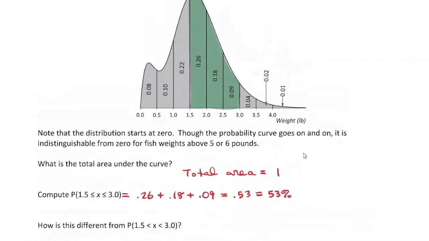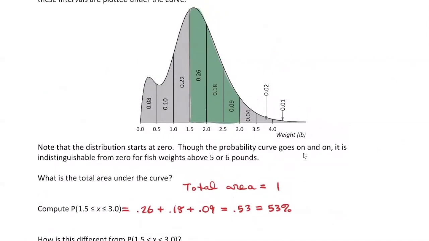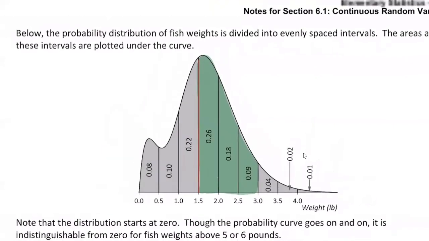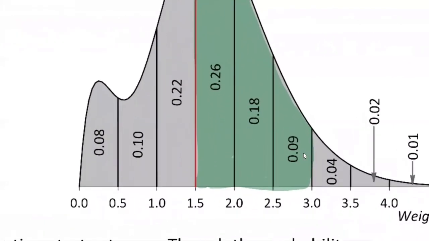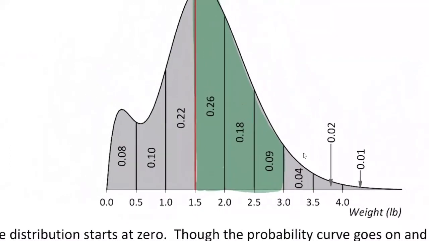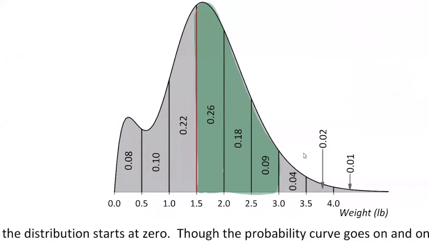Now, if you want to know the probability that a fish is exactly equal to 1.5 pounds, I'm representing it geometrically here. That red line is exactly at 1.5 pounds. What's the probability that a fish is exactly 1.5 pounds? Or exactly 3 pounds?